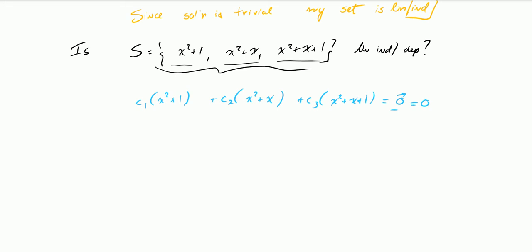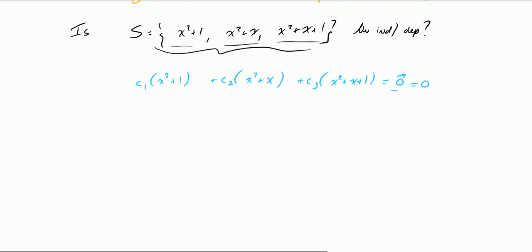Now remember how I did this in my linear combination videos? If you didn't see those videos, then I'll just redo it. Basically I use a sort of factoring method where I first take the scalars that multiply 1. C1 multiplies 1, C2 doesn't multiply a constant, and C3 multiplies 1. So my first equation will be C1 plus C3 equals 0.